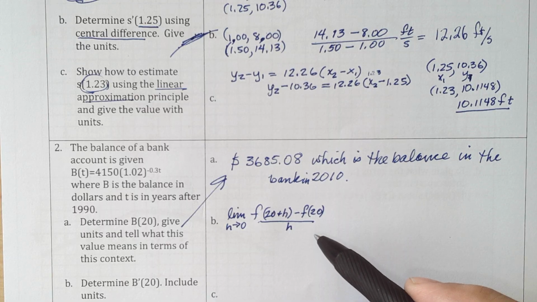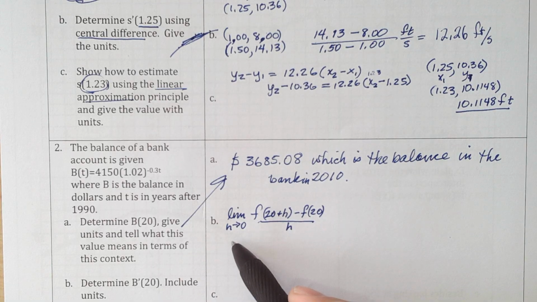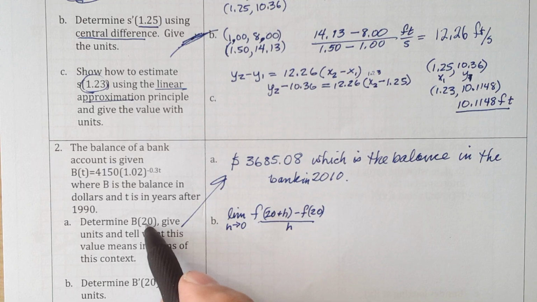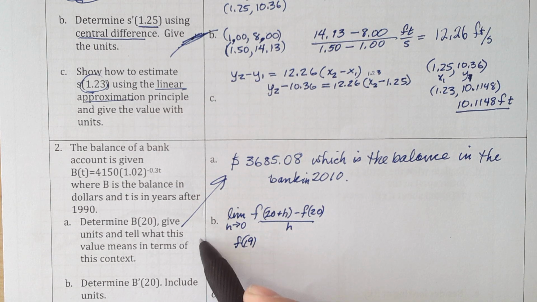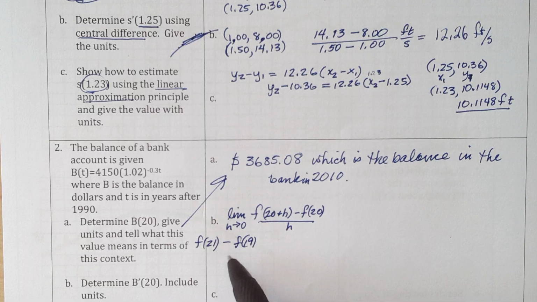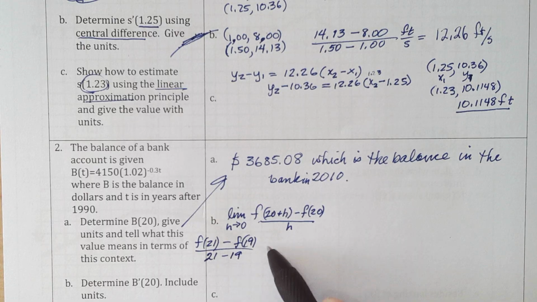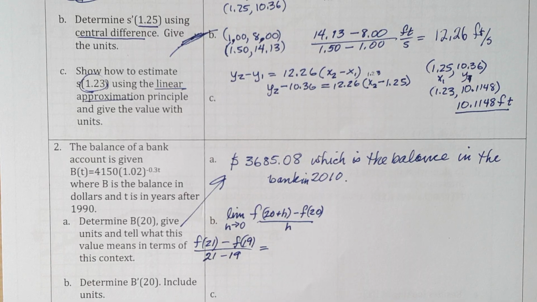We could do central difference, which means we pick some place a little bit before, like we might do f of 19, a little bit after minus a little bit before. So f of 21 minus f of 19 over 21 minus 19, and it would give us a reasonable answer for this.